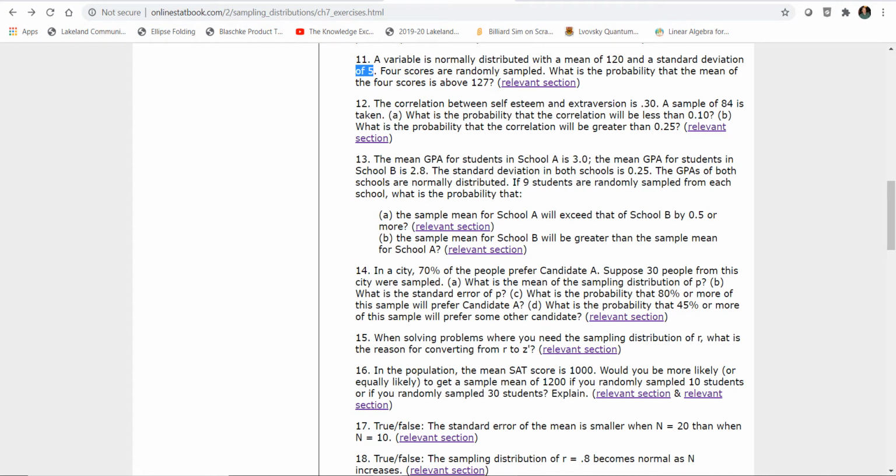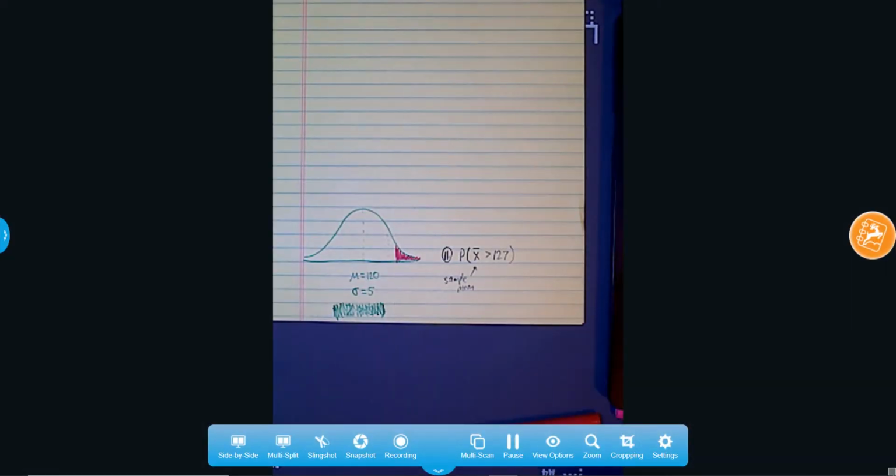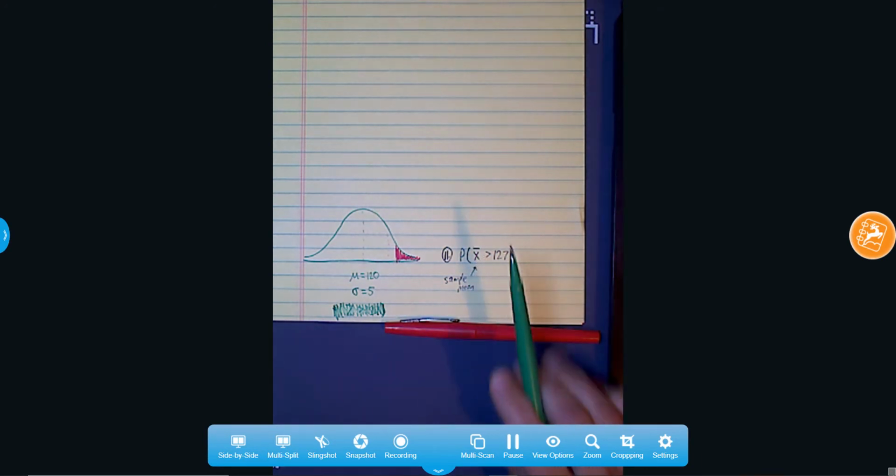And it says 4 scores are randomly sampled. What is the probability that the mean of the 4 scores is above 127? Okay, so I'm going to go back to my paper here, and I'm going to point out that a symbol we have for a mean of a sample is x bar.